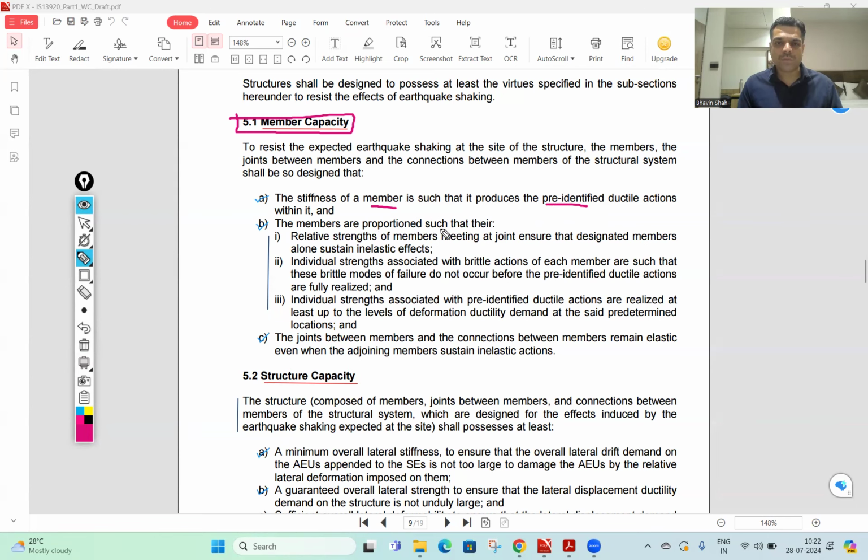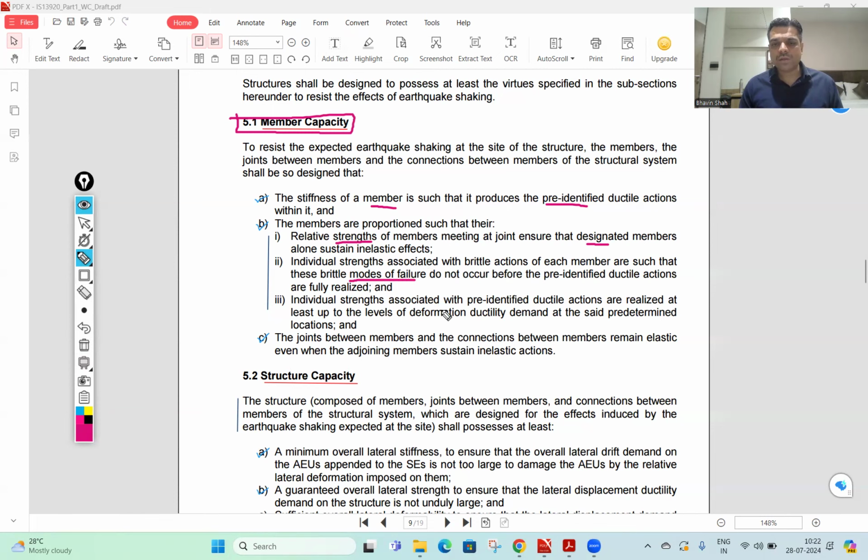The members are proportioned such that their relative strength of members meeting at a joint ensures that designated members alone sustain inelastic effects. Then the individual strengths associated with brittle actions of each member are such that these brittle modes of failure do not occur before the pre-identified ductile actions are fully realized.